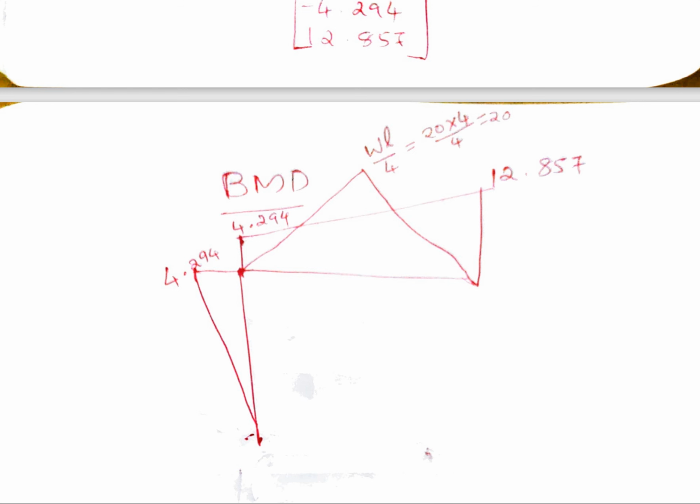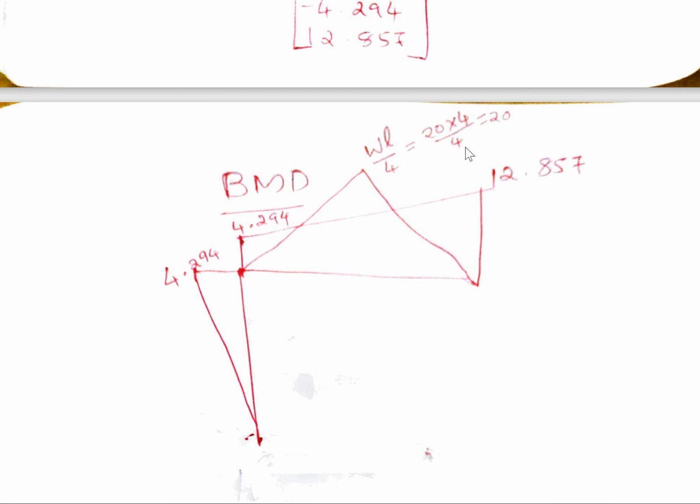Last step is drawing the bending moment diagram. So here mark all the end moments, draw the ordinates of the end moments, and join them with straight lines. Also mark the free moment diagram. Here the free moment is present only in span BC, which has a maximum value of WL/4, because the load is acting at the middle.